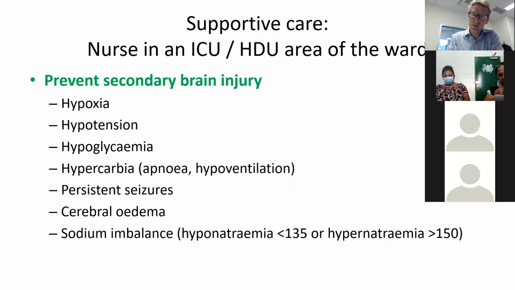And then, of course, there's cerebral edema, which can occur if you've got meningitis, but it also can occur because we give the wrong intravenous fluids or too much intravenous fluid. And then there's sodium imbalance, which can also occur because we've given the wrong intravenous fluids or too much of it. So this is our job in looking after such patients, to try to prevent secondary brain injury from all of these different causes.